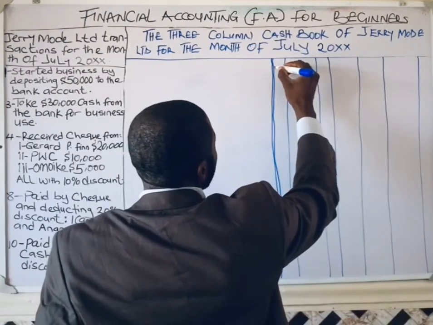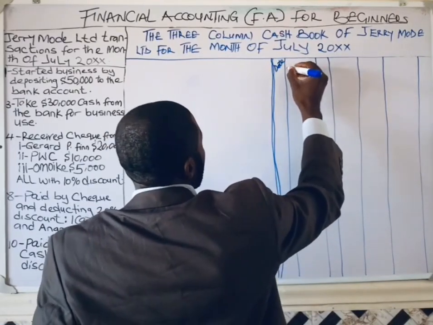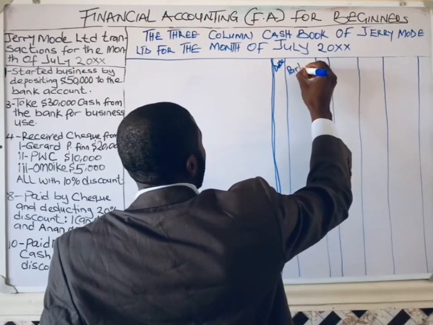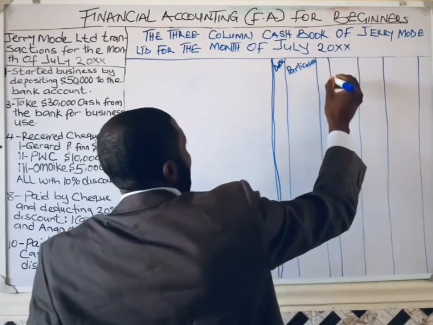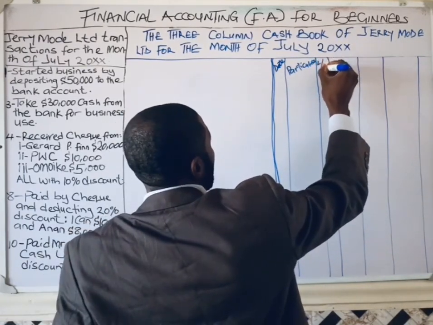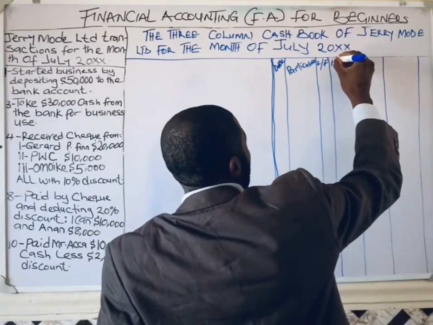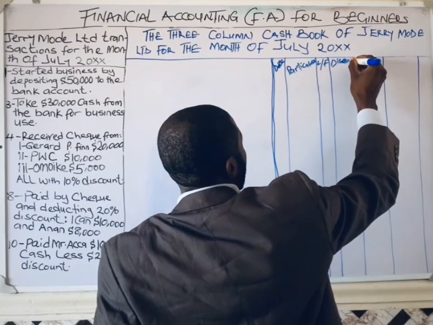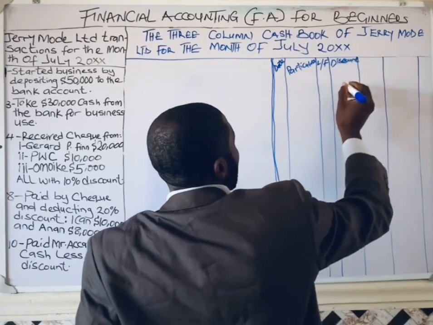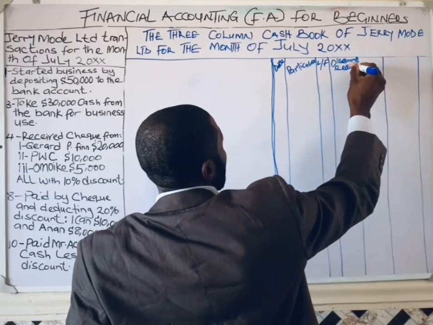Now let's see. This is date. This is particulars. This is ledger folio. This is the discount, and it is discount received from our explanation.